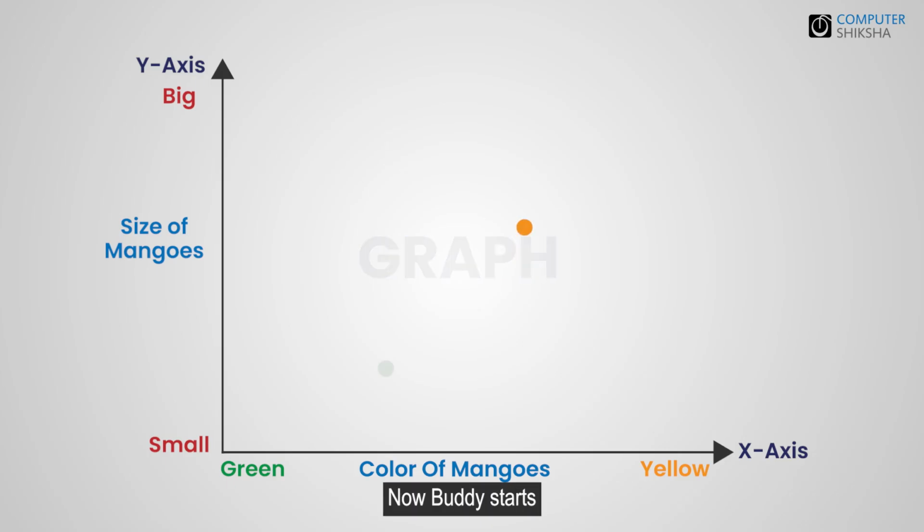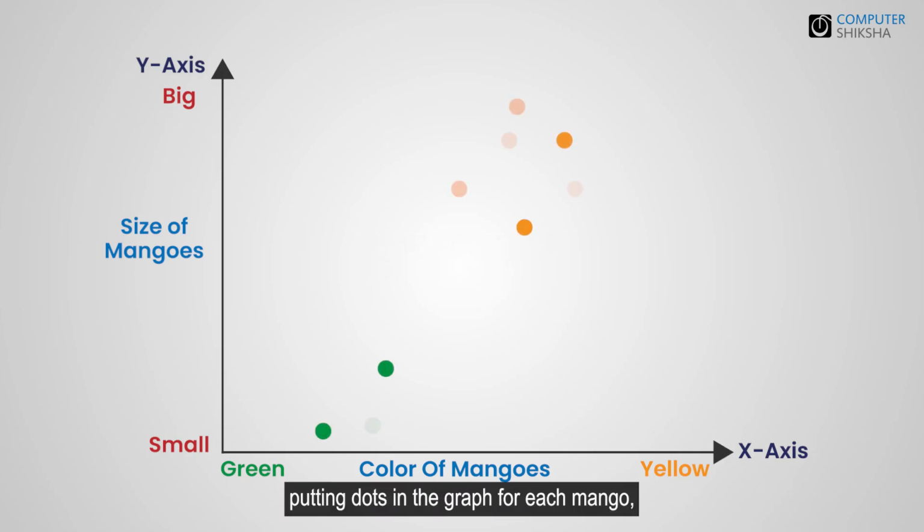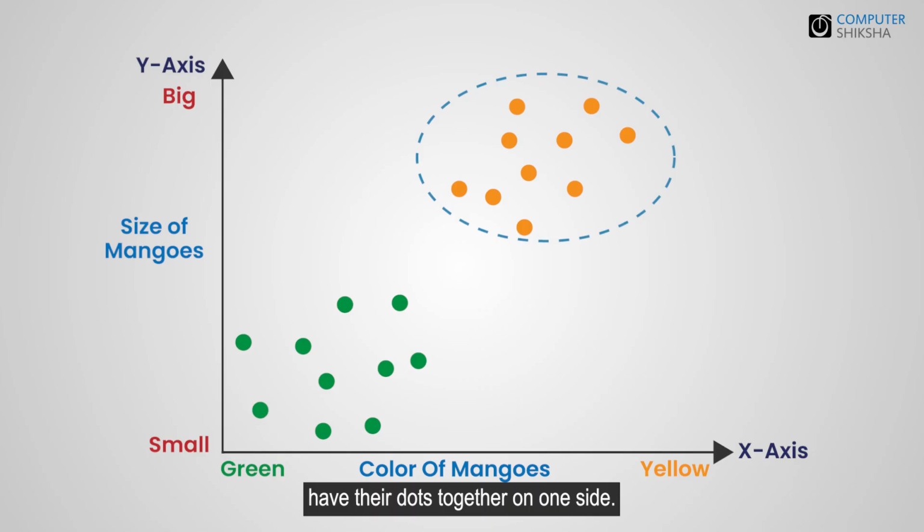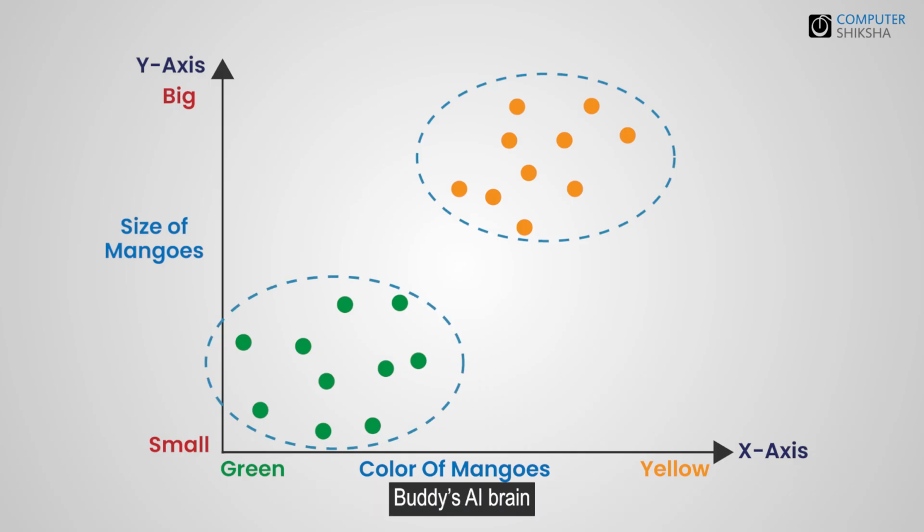Now Buddy starts putting dots in the graph for each mango. Mangoes that are big and yellow have their dots together on one side. Mangoes that are small and green have their dots together on the other side. Buddy's AI brain is watching this pattern carefully.